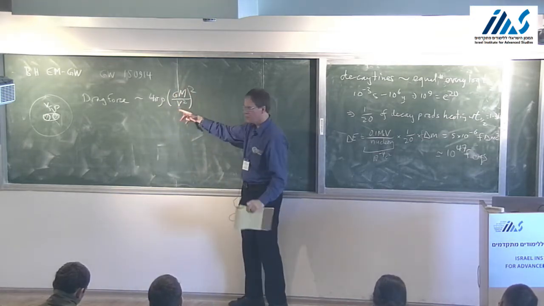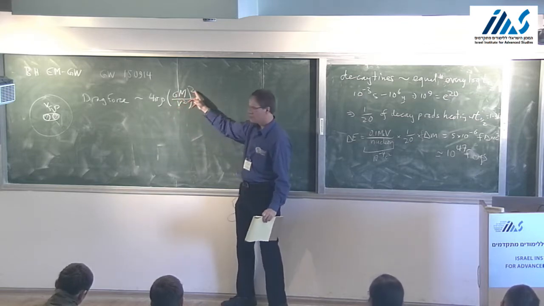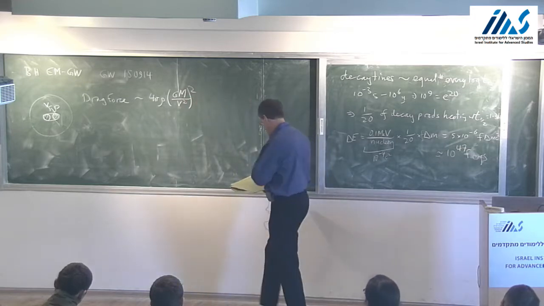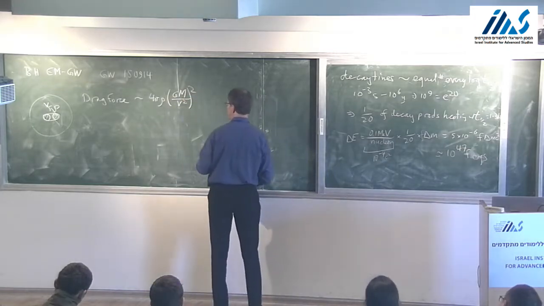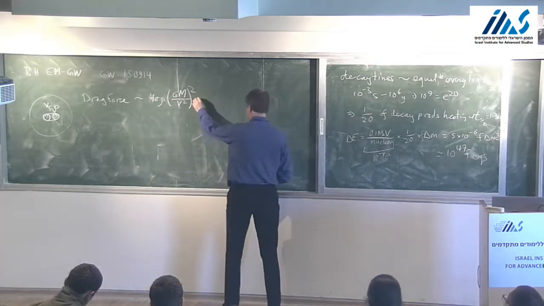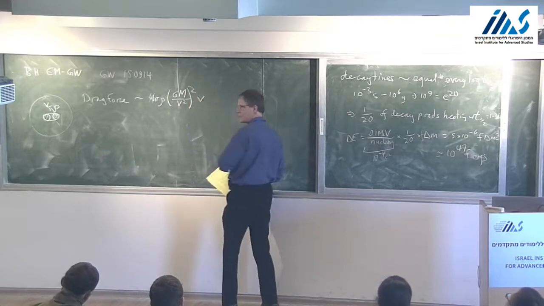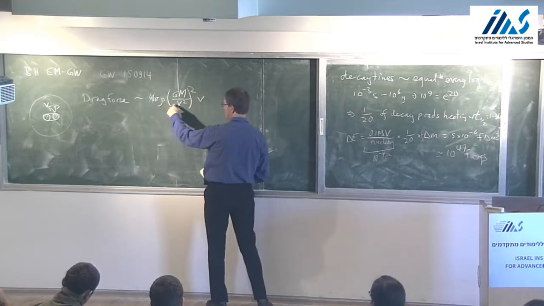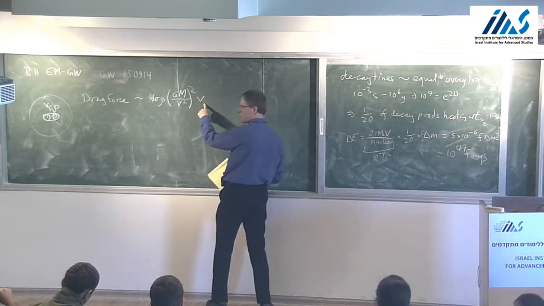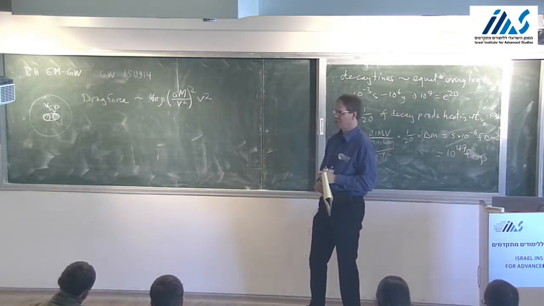So GM over v squared is the incoming radius where the flow is significantly deflected, so (GM over v squared) squared will be the cross-sectional area. You can argue about whether you want the 4 there or not. So the mass flux in is density times area times velocity, and the momentum flux in, which is the drag, is that times v squared.